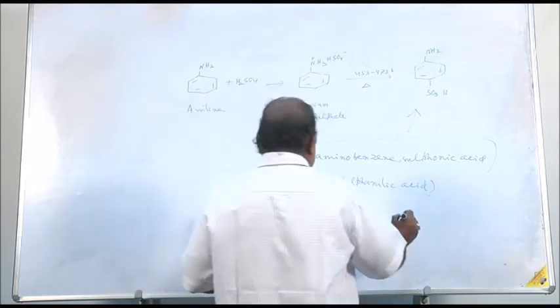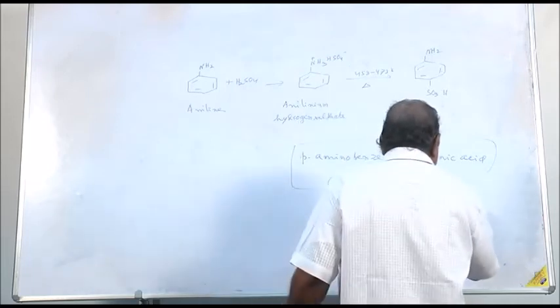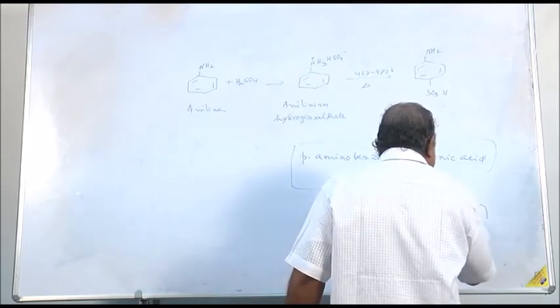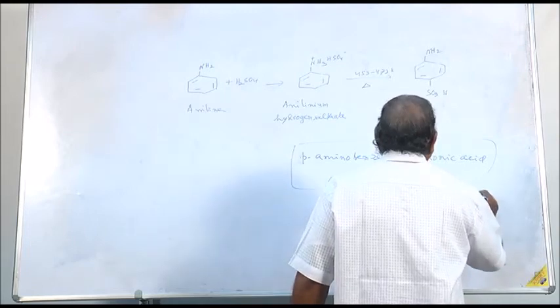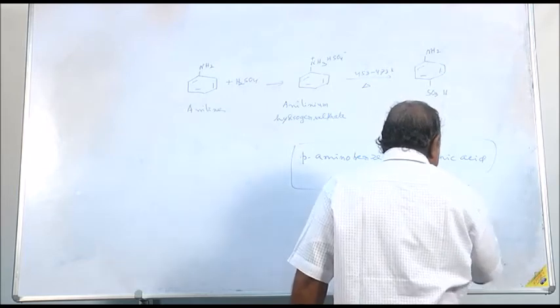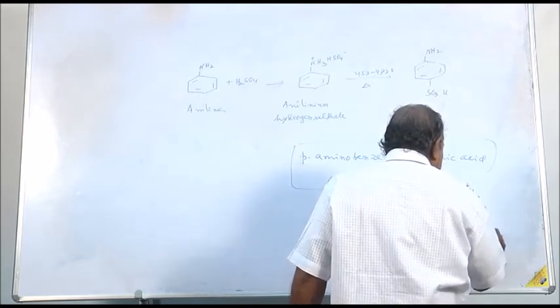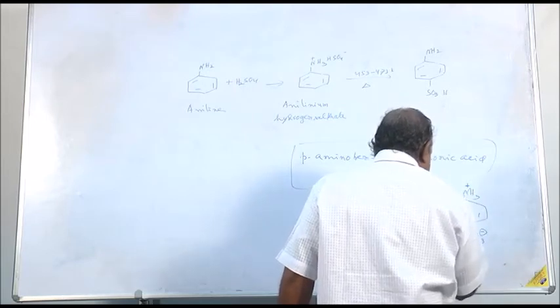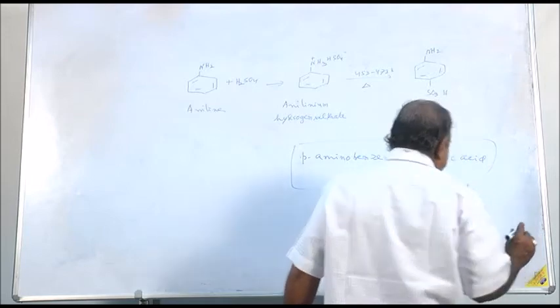It exists as a zwitterion. You can see the molecule possesses both a positive part and a negative part. One of the hydrogen atoms moves to nitrogen, by which nitrogen becomes NH3 plus and SO3 minus. This is called a zwitterion.